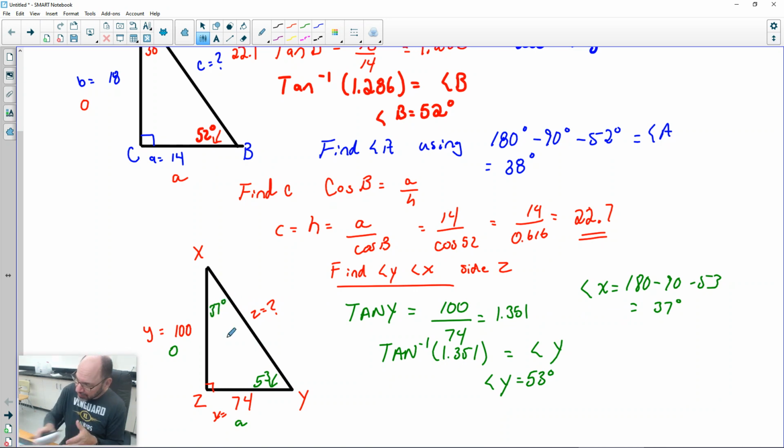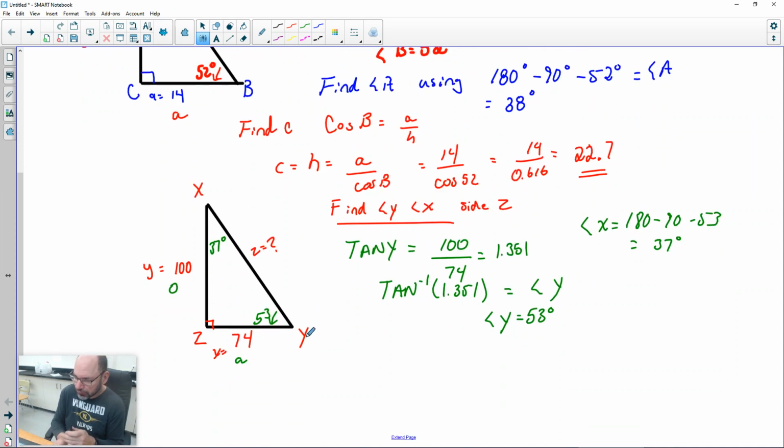Okay, and then our last step is to get that Z. Last time we used cosine, so we're going to go with cosine of 53 equals 100 over Z. If we rearrange it like the last one, we have to divide by the cosine. So it's 100 divided by this to get Z by itself. Remember, that's Z, not 2.